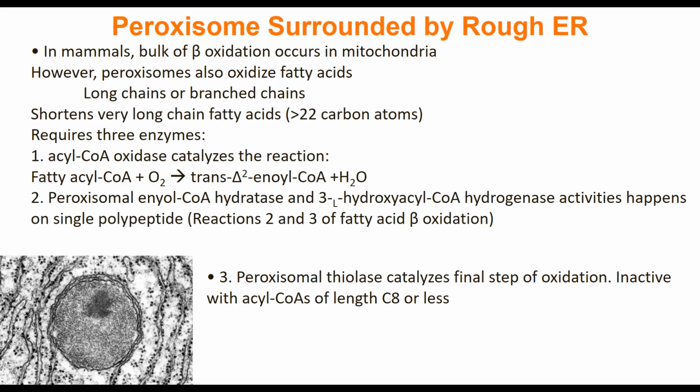So here we just need 3 different enzymes. And I'm going to say, don't worry about the names of these. Just know what the point of peroxisomes is for beta oxidation. They take care of long fatty acids and shorten them. That's what we really need to know for that.